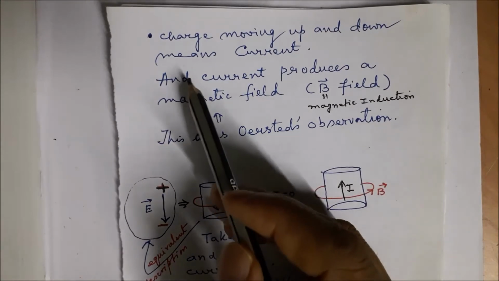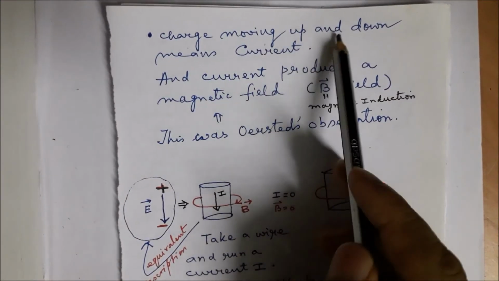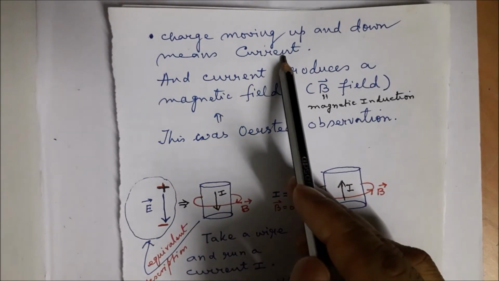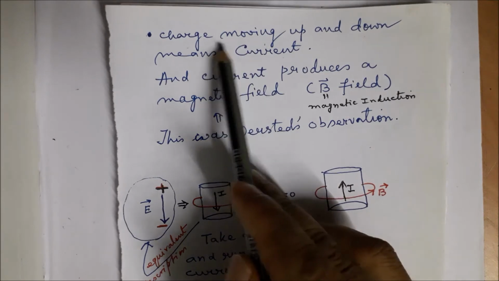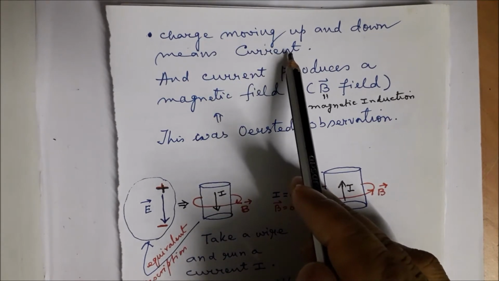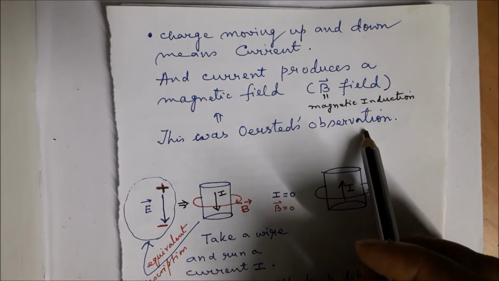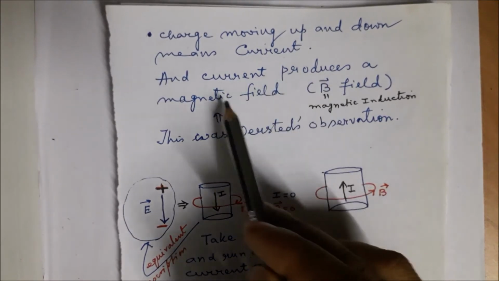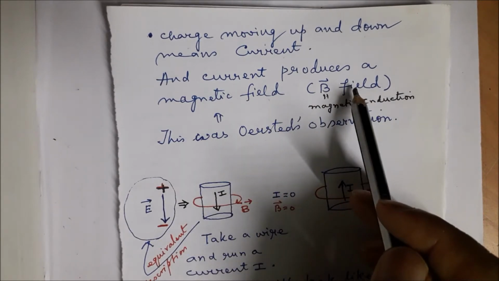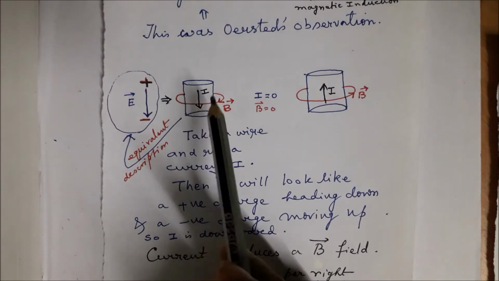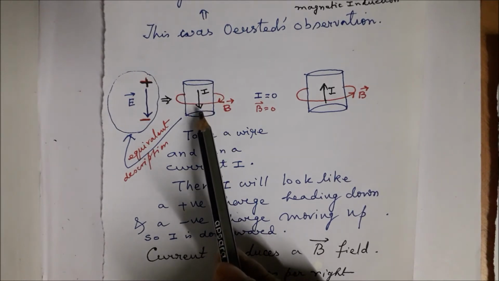Let us be reminded of the fact that charge moving up and down means current. Current is dq/dt, so movement of charge means current. And again, as per Orsted's observation, current produces a magnetic field or magnetic induction B. Now take a wire and send a current in it.